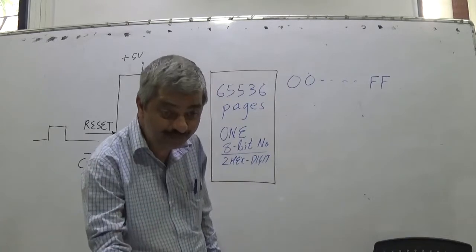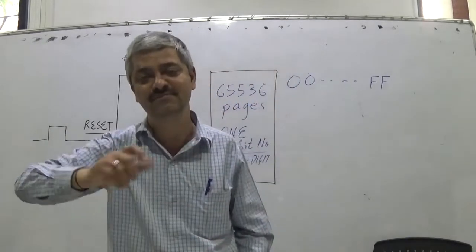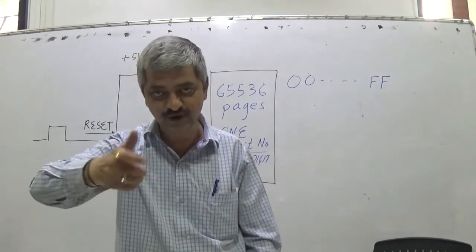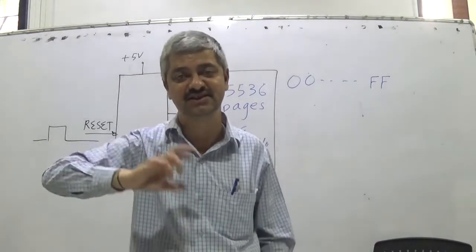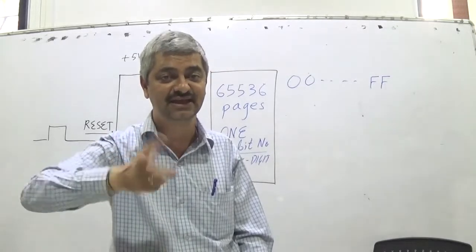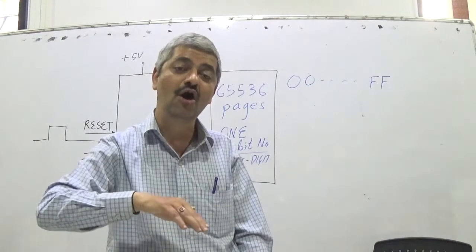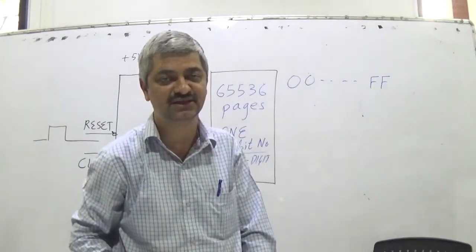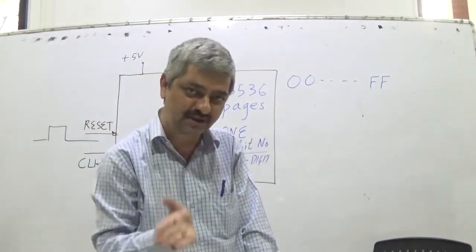What can I do? Number 1, I can perform some computation inside, for which data is available inside. There are various registers, I had said: Register A, accumulator, B, C, D, E, H, L. I can perform some computation, or I can read some location externally for some purpose, or I can write something into some external location.